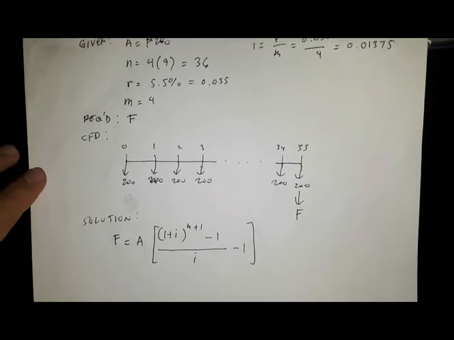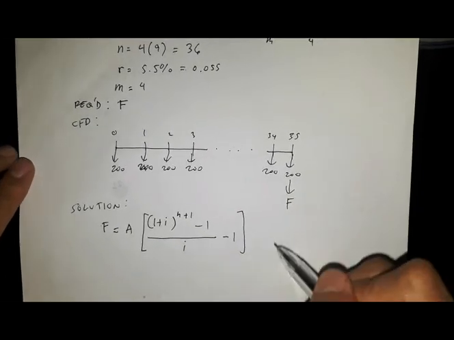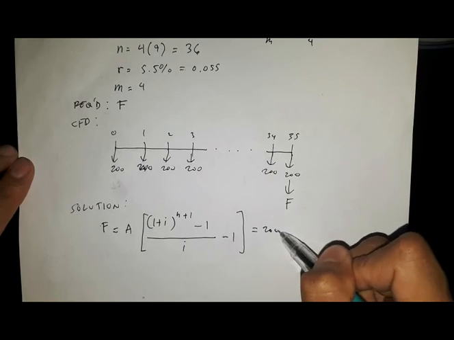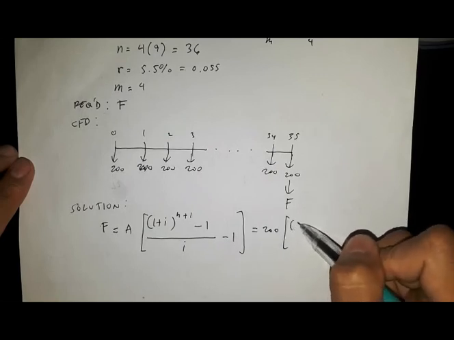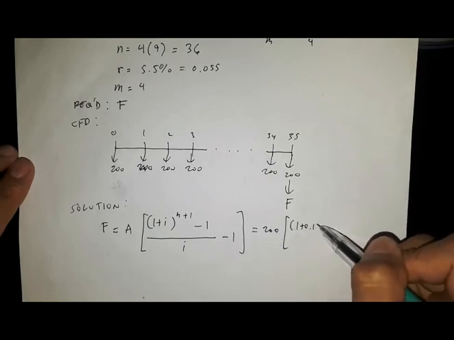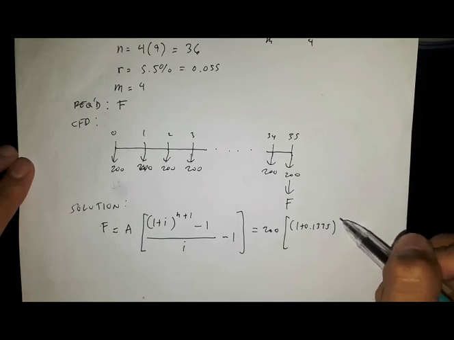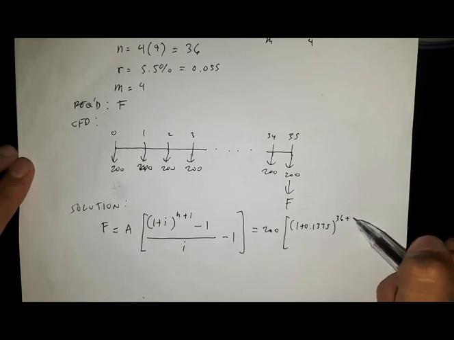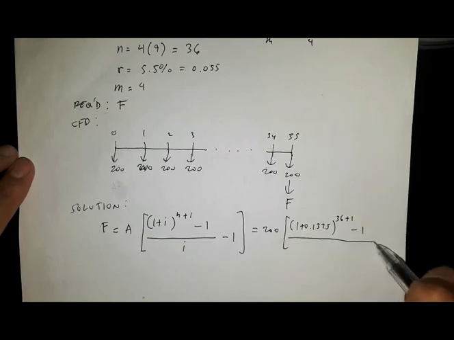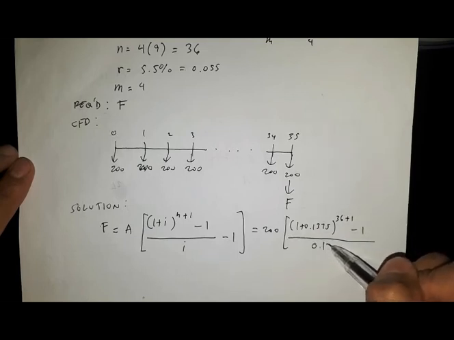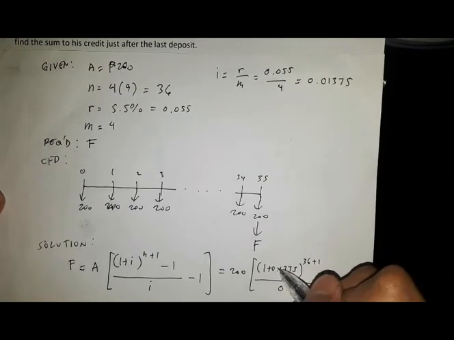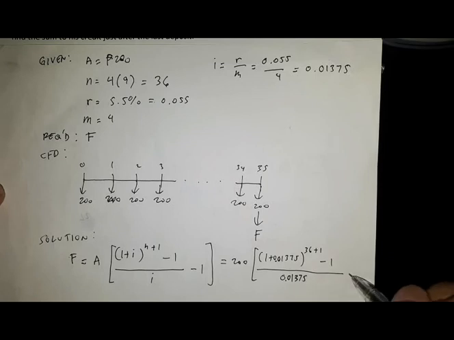By substitution, we have 200 times 1 plus I raised to N plus 1 minus 1 over I, where I is 0.01375, minus 1.